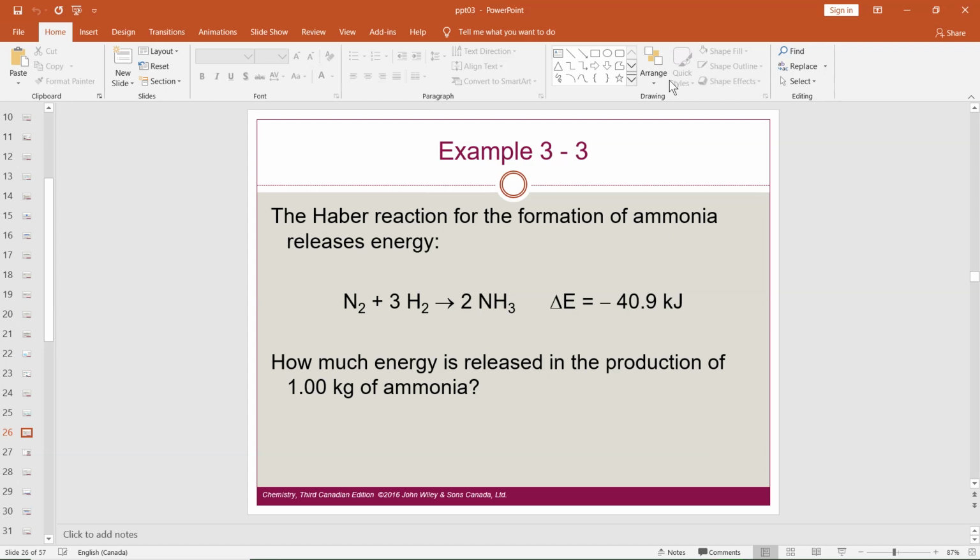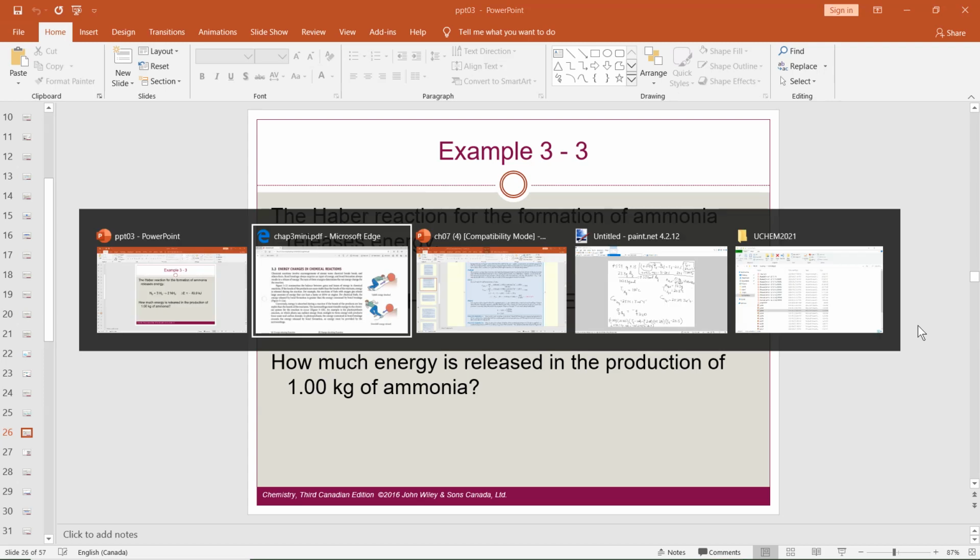It's forming 2 moles of ammonia. The question says, how much energy is released in the production of 1 kilogram of ammonia? Let's go to the text here.